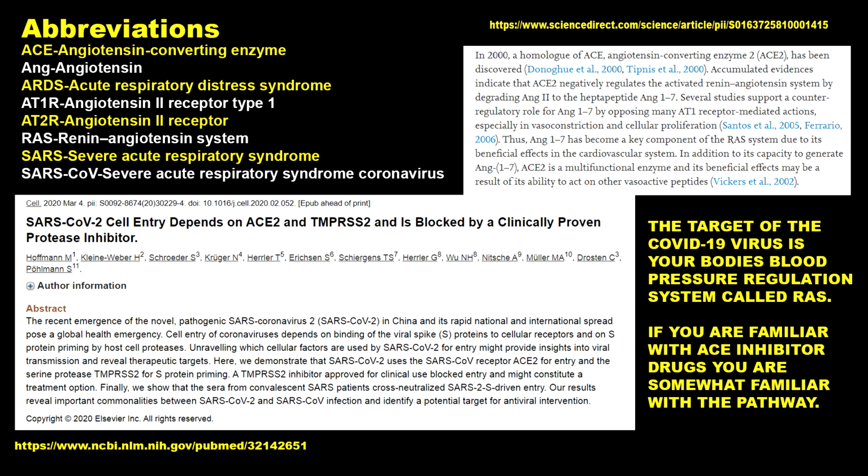From angiotensin 1, we have the angiotensin converting enzyme. An enzyme is a type of protein, meaning it's a structure that performs a function, as I explained earlier. So this enzyme converts angiotensin 1 to angiotensin 2. Angiotensin 2 is what causes an increase in blood pressure by constricting or tightening down on the veins to cause the blood pressure to go up.